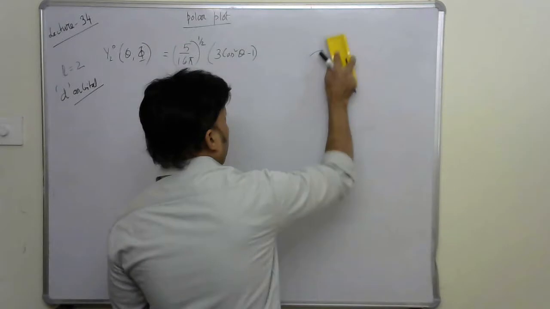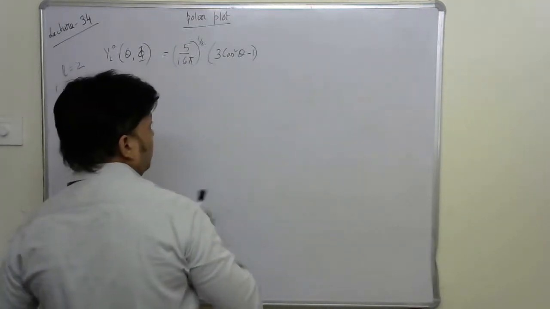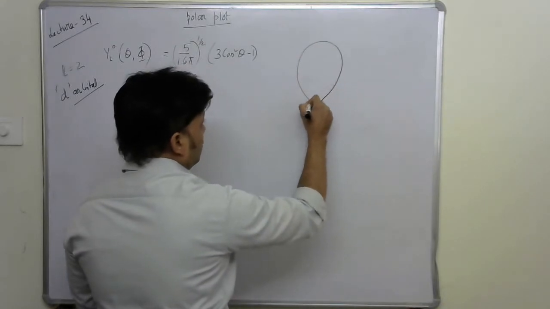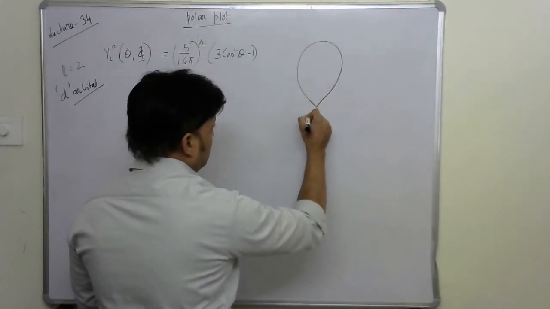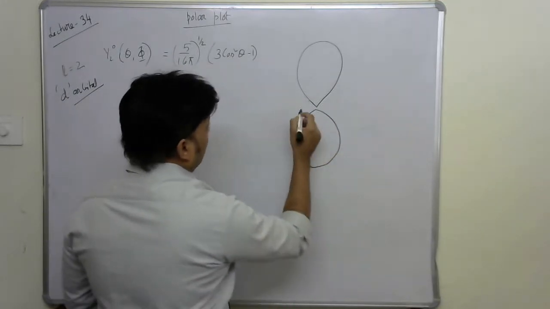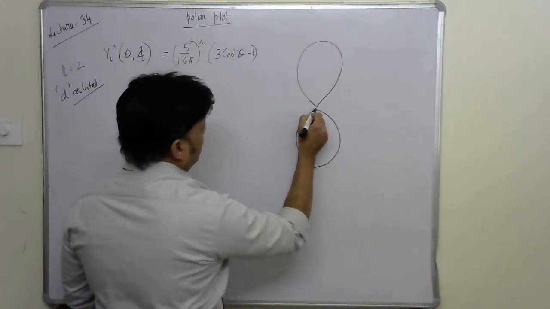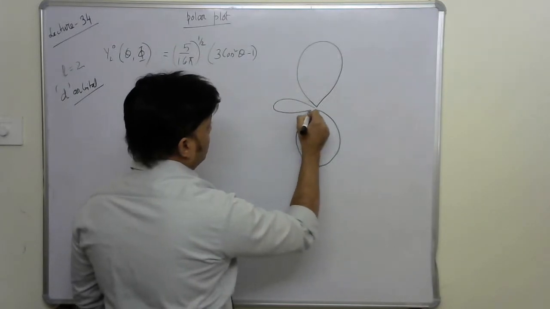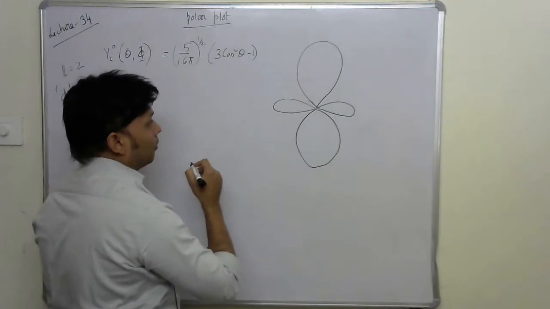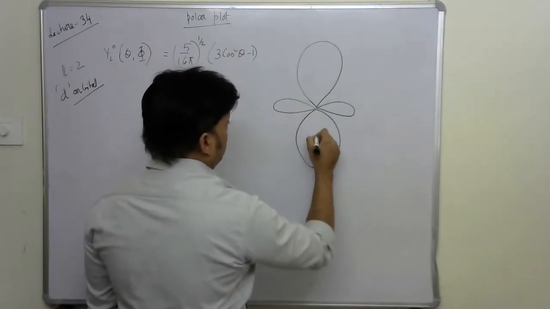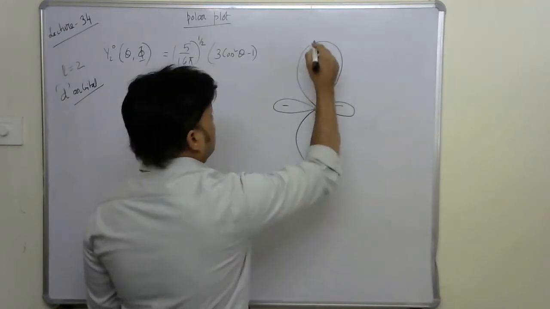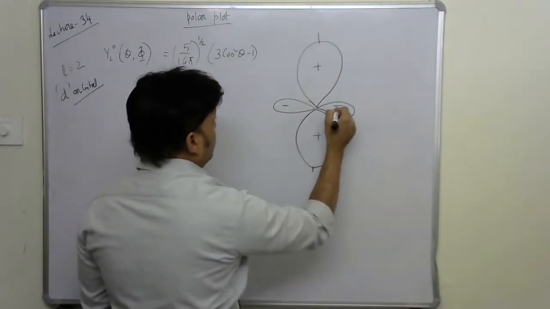I'm not very good at drawing, but still I'm going to try. So it would come up something like this. Here again we have two nodes in the xy plane, and the signs would be like this, and they alternate, minus to plus, plus to minus, minus to plus.